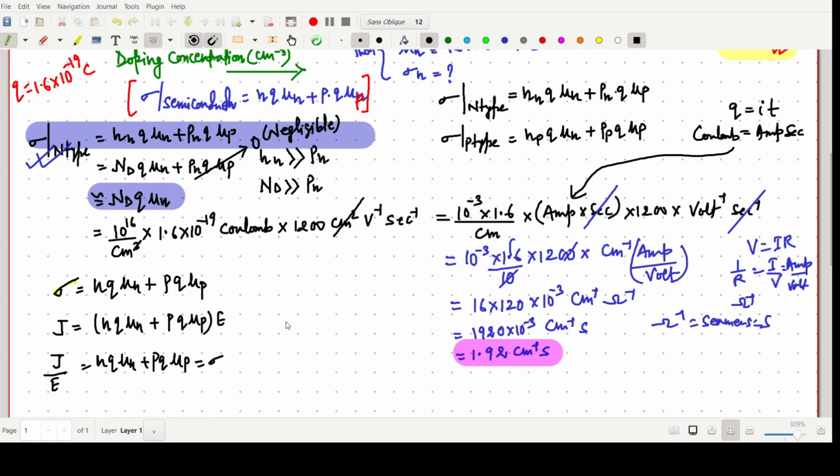So sigma equals J by E. This is also important. This is current density divided by electric field.